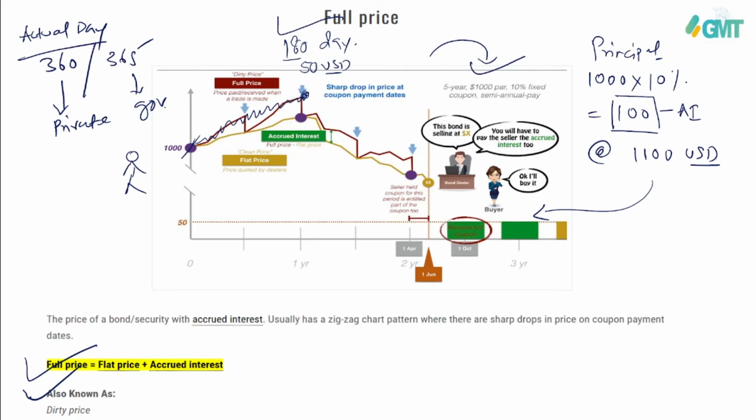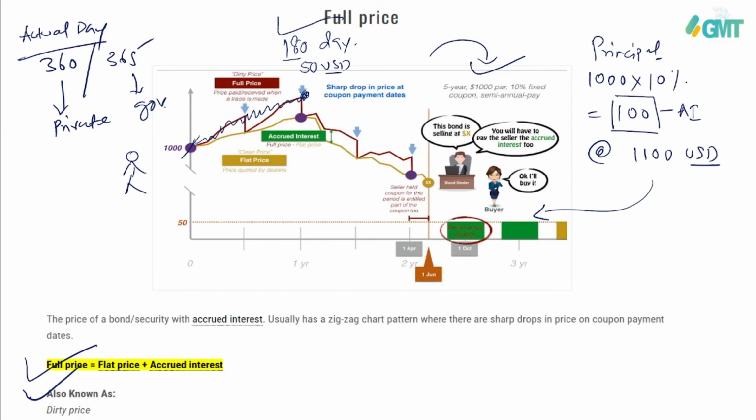Because if you're holding that bond since the beginning, you have served 180 days, so it means you will expect the 180 days accrued interest. And in fund accounting books, when the security settles in the books of account, from that date till the sell date, we record the accrued interest in the books of the fund.